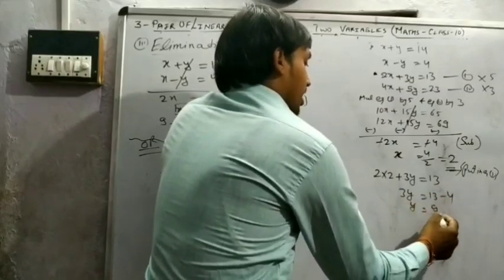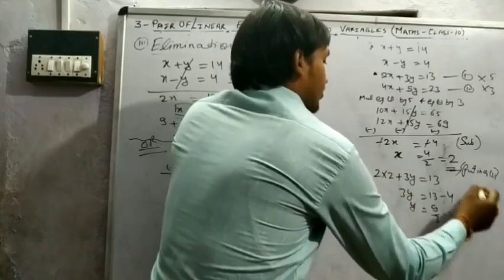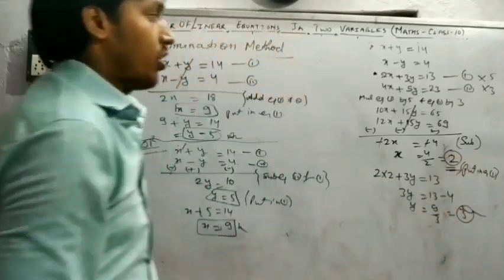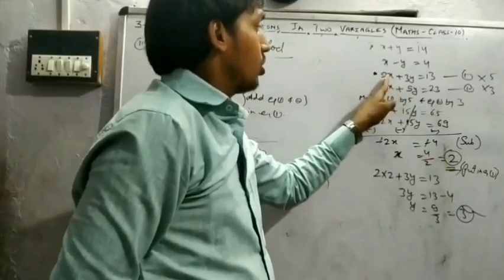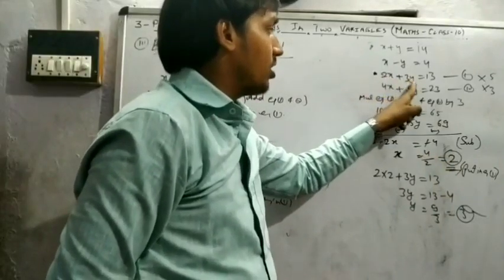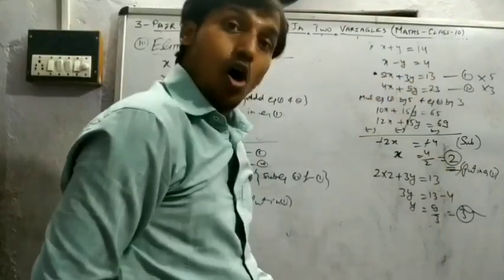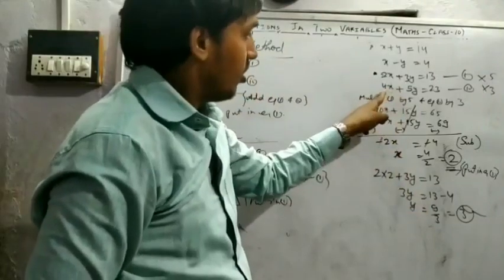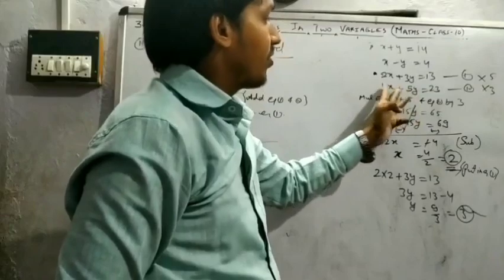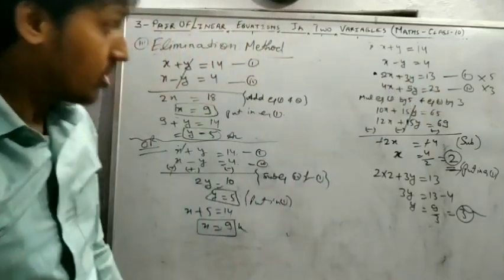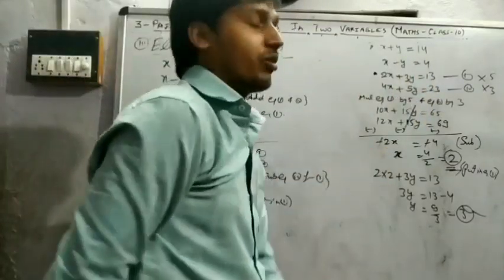Y is equal to 9 upon 3, that is 3. Okay? You can check your answer. 2 and 3. 2 into 2, 4. 3 into 3, 9. 9 plus 4, 13. Also check the second equation. Yes. 4 into 2, 8, plus 5 into 3, 15. 8 plus 15, 23. Because the common values will satisfy both equations.